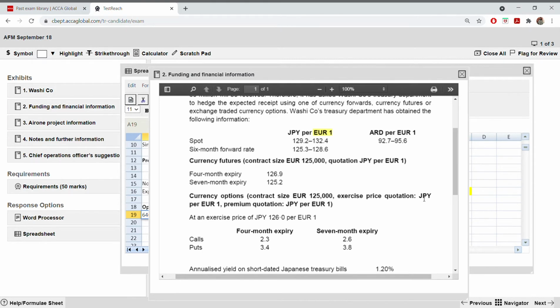Look at it. It's a put option, right? Why is it so?